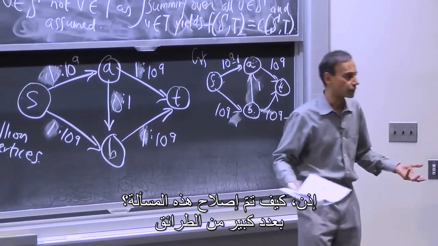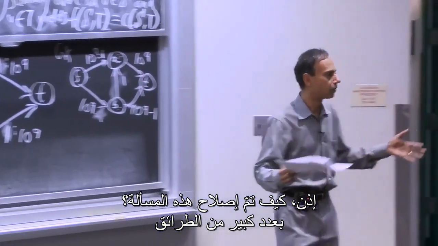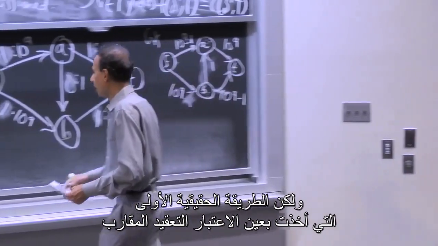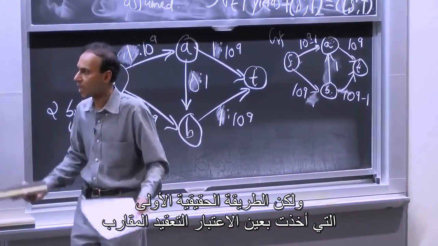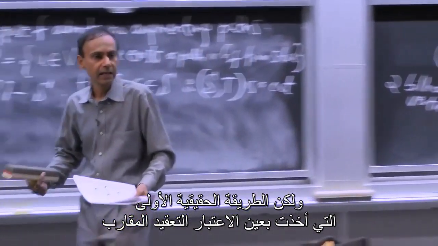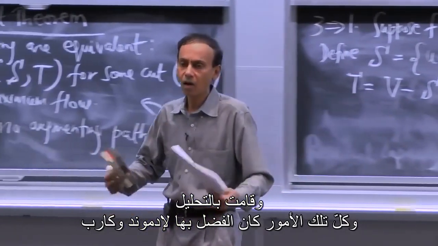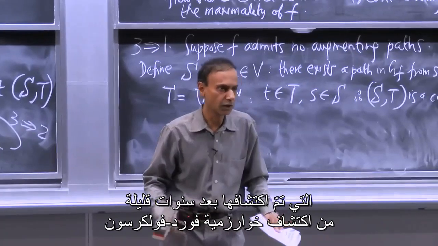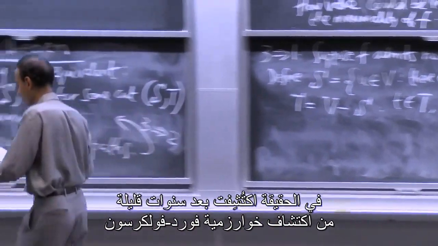So how is this problem fixed? Well, any number of ways. But the first real way that took into account asymptotic complexity, did an analysis, and did all of that was due to Edmonds and Karp, which is a few years after Ford-Fulkerson. In fact, several years after Ford-Fulkerson. Right?